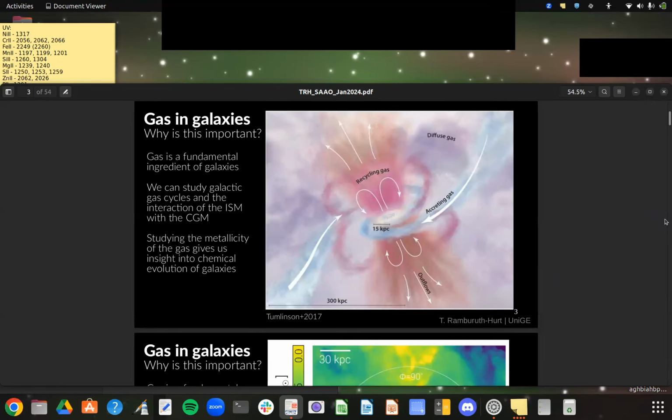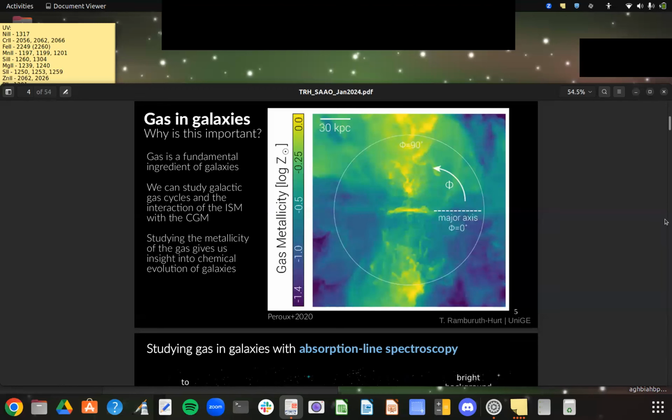And so studying the metallicity of the gas in galaxies gives us insight into the chemical evolution. In particular, what we expect of these gas flows in terms of their metal content is that outflows are potentially more metal enriched because they've been processed by the stars, and the inflows of gas are potentially more metal poor or pristine, coming from outside in the circumgalactic medium.